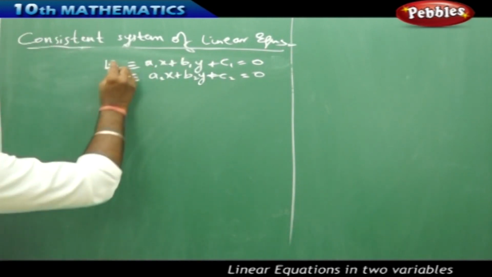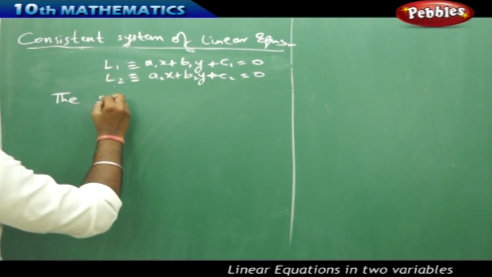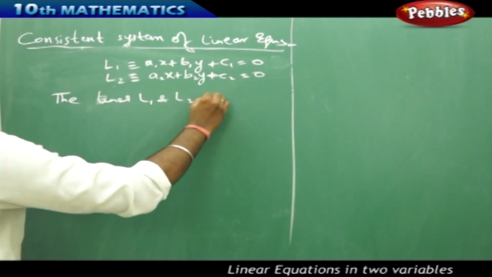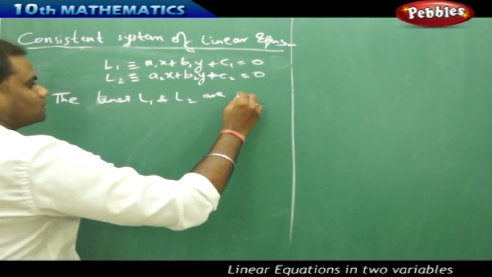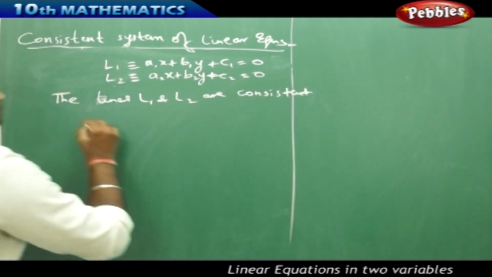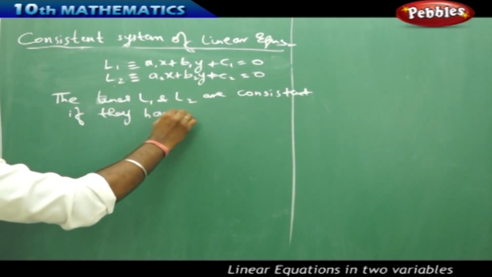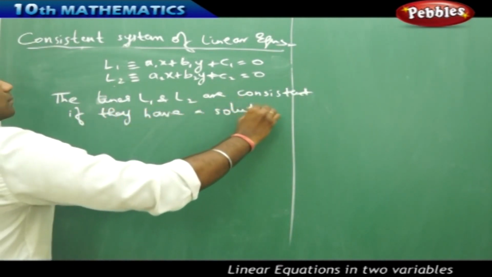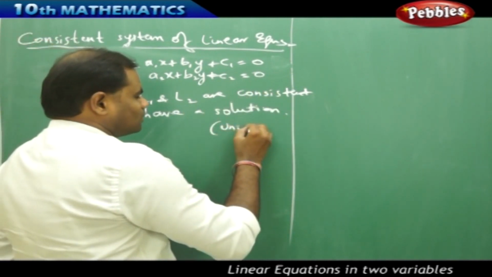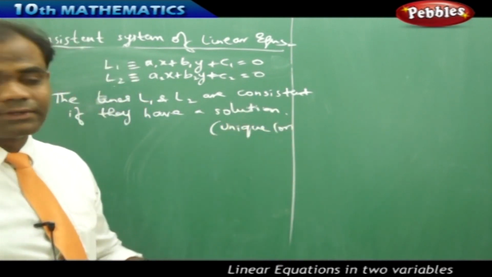Therefore, the lines L1 and L2 are consistent if they have a solution, and the solution can be either unique or infinitely many, the case 1 and case 3.